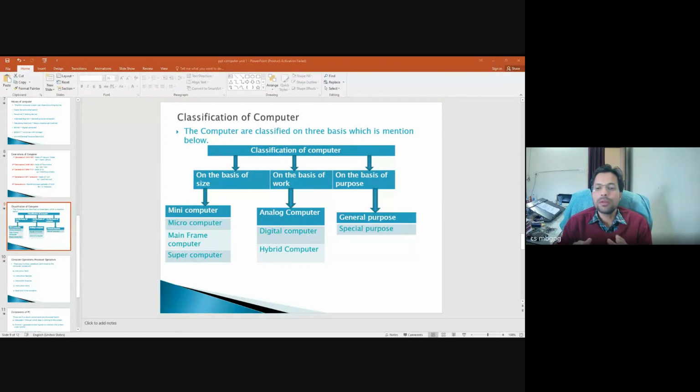In the special purpose computer system, these systems are especially designed to execute a particular special type of task. The designing of these systems depends on the purpose of the work. According to the user demand, we design the system for a particular task.